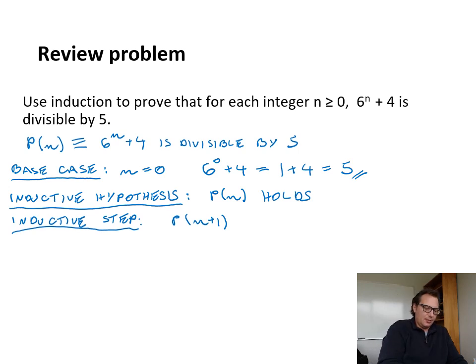Okay, so what is P(n+1)? P(n+1) is equivalent to 6 to the power of n+1 plus 4 is divisible by 5.